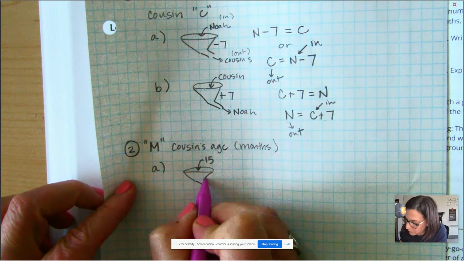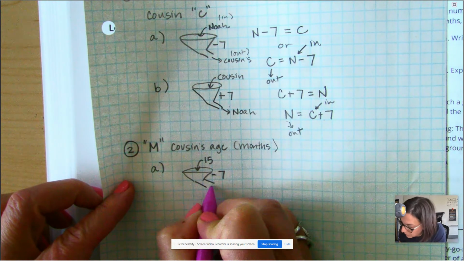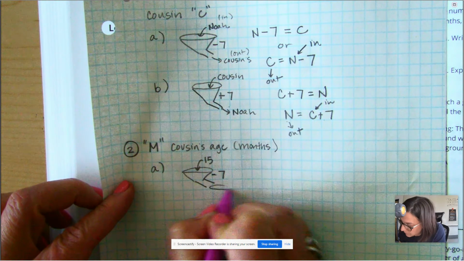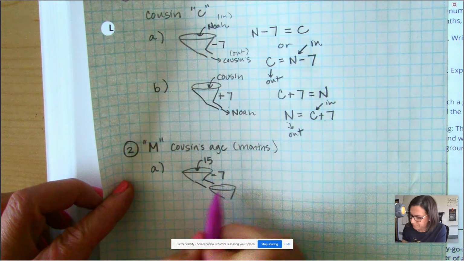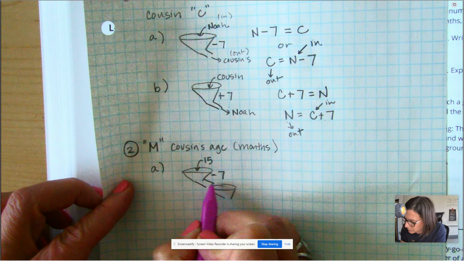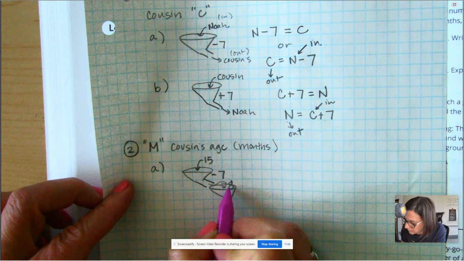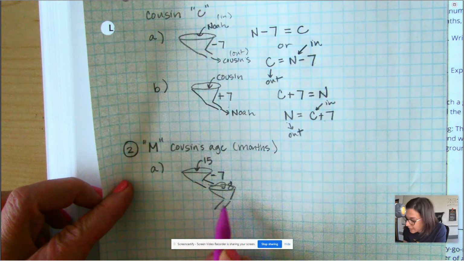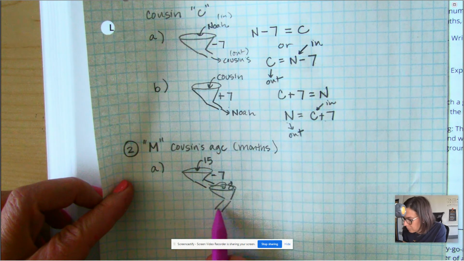Well, we already figured that out. If we start with Noah, we subtract 7, and we get how old the cousin is, but that's in years. So we know he's going to be 8 years old. In goes the 8. Then, 8 years old, how old is that in months?